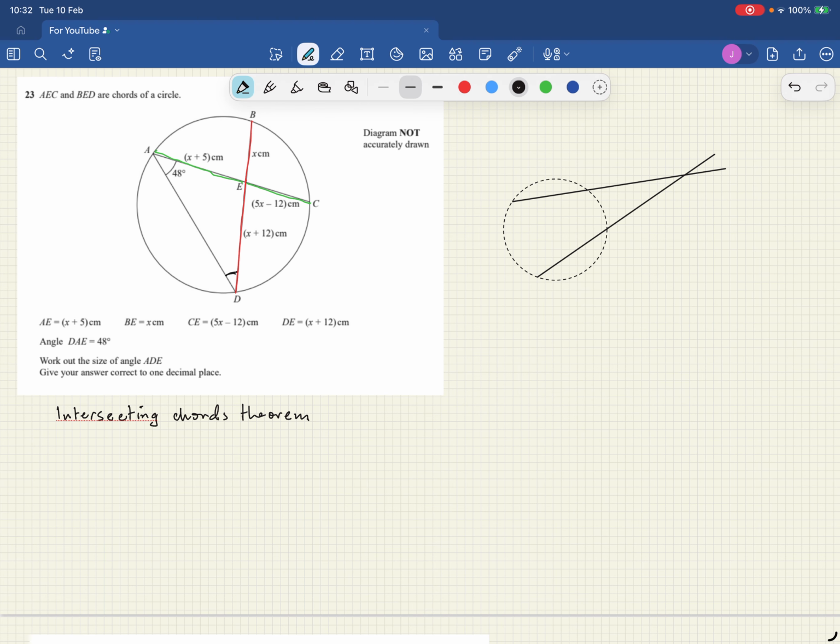But you've still got your, let's call it A, B, C, and D points here, so these points bound the chords in the circle itself. This is the intersection X, and in this case, it's this whole distance up to the intersection times this distance up to the intersection is equal to this distance up to the intersection times this distance up to the intersection.